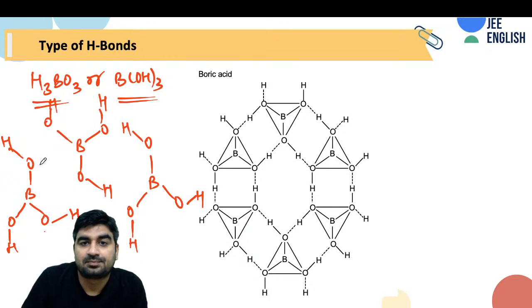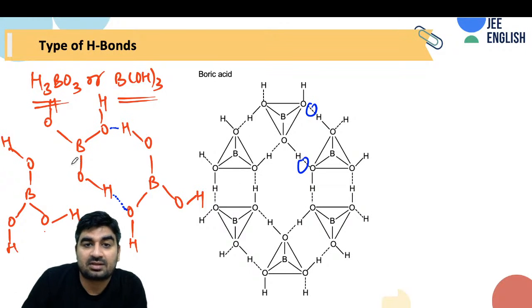this O, this O, just a minute. We have this O, it will be making hydrogen bond with it. And then we have this hydrogen, it will be making hydrogen bond. You can see here. Got it?